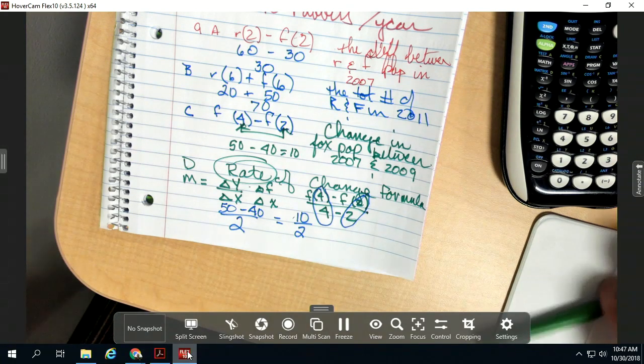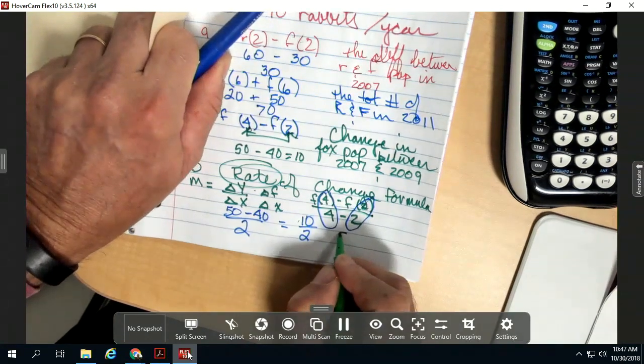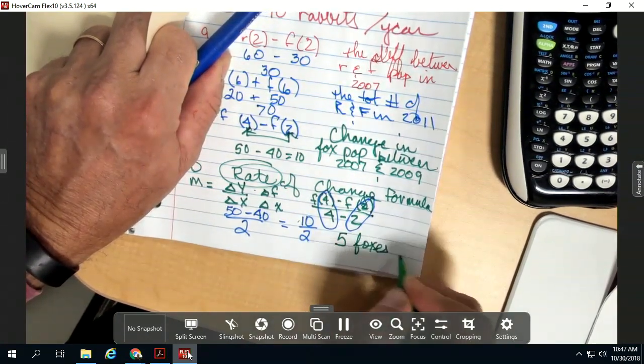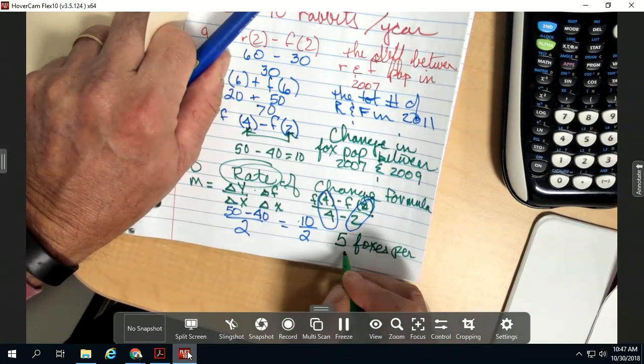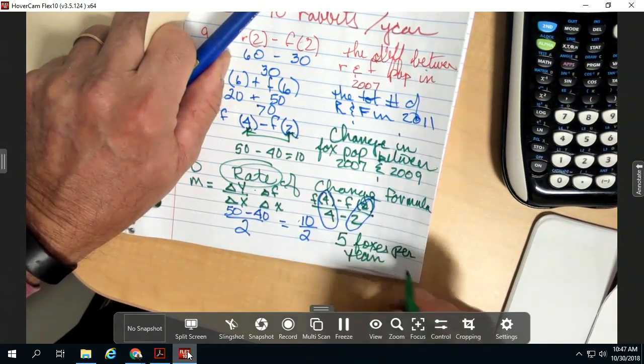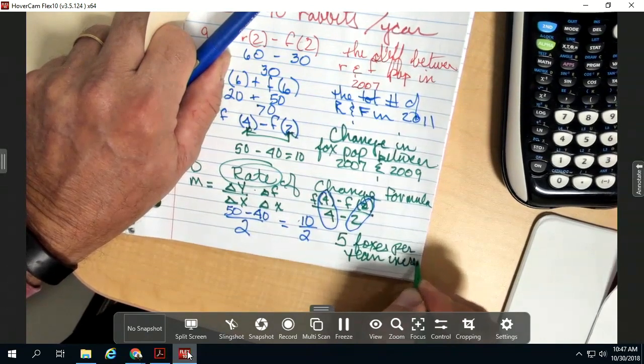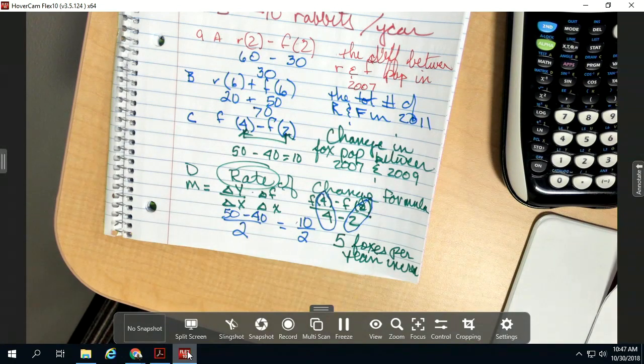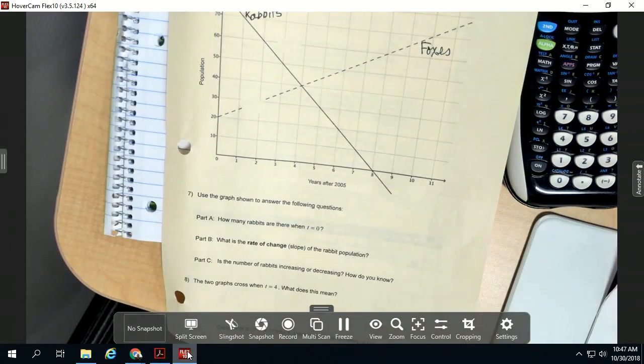Change that to 5 foxes per year increase, right? It's an increase of 5 foxes per year. At what point does the model become unrealistic?